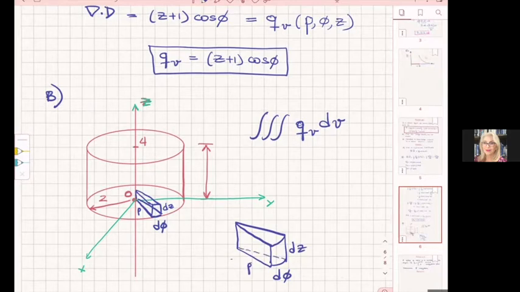So that's how it looks. This thing that I have put inside looks like this here. Now, if I have that, I can find how much charge is in this differential piece of cylinder here. So for example, the charge in here, I will call that dq.